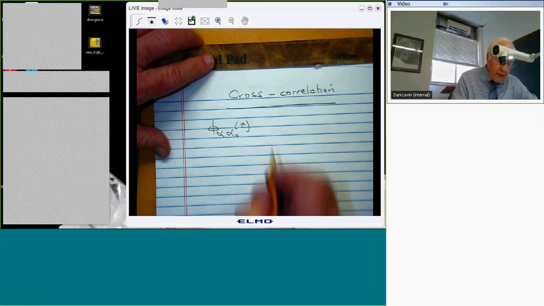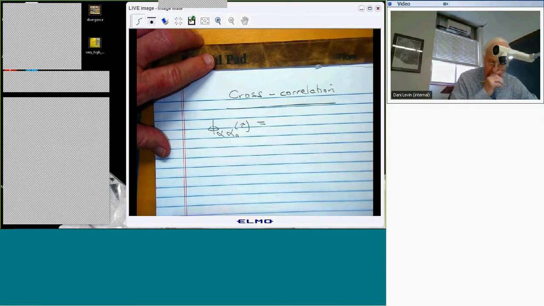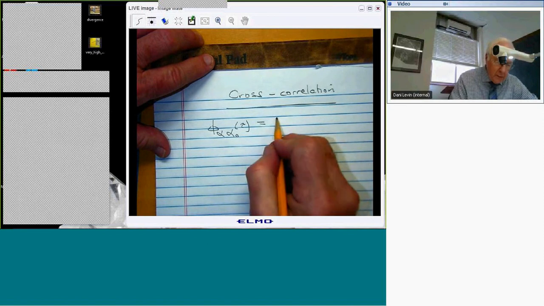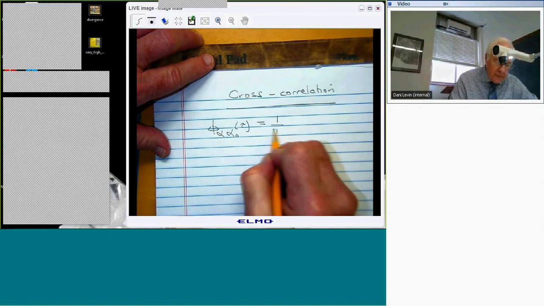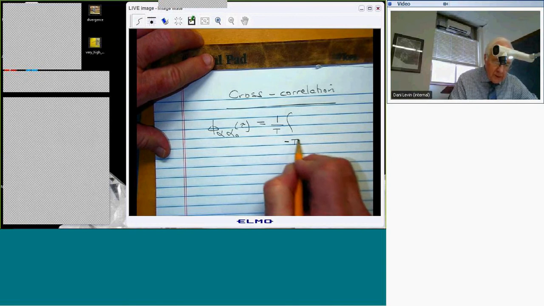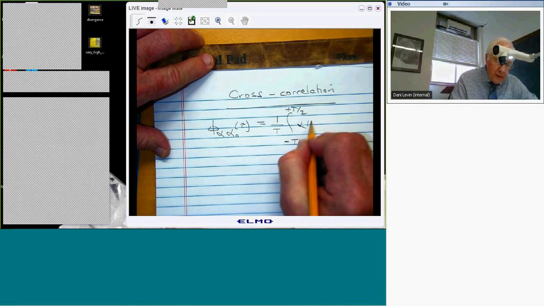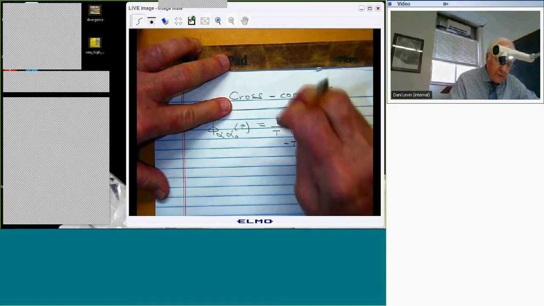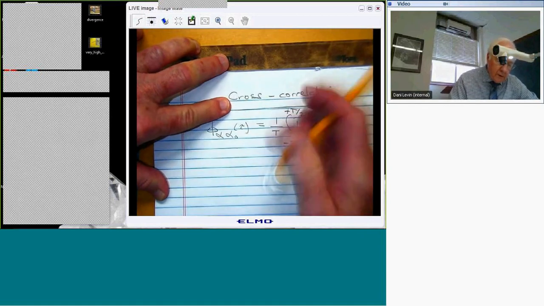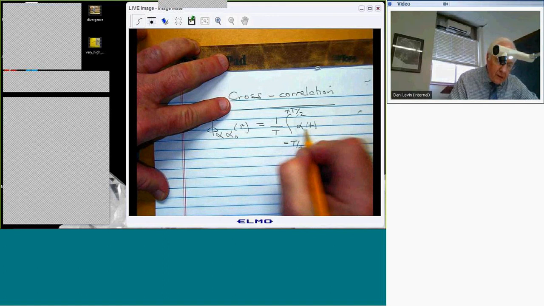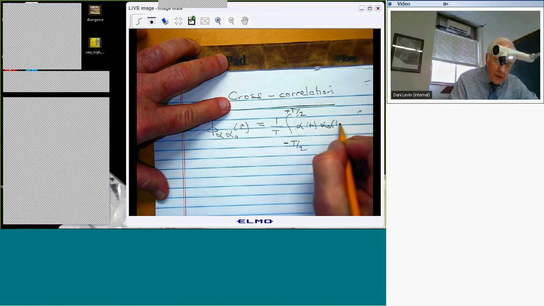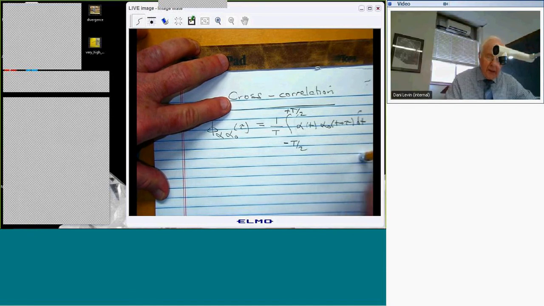And it's defined to be 1 over T, the integral from minus T over 2 to plus T over 2 of alpha of t times alpha naught of t plus tau, dt. And your question is, what happens if I set tau equal to 0?